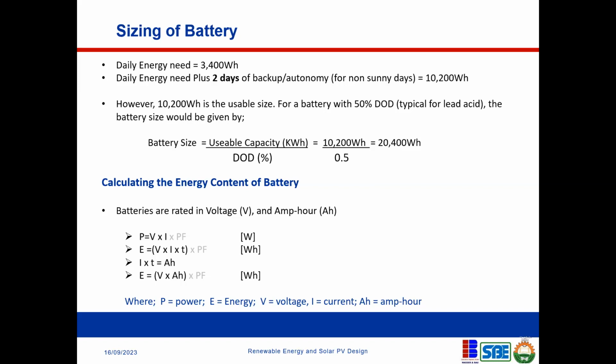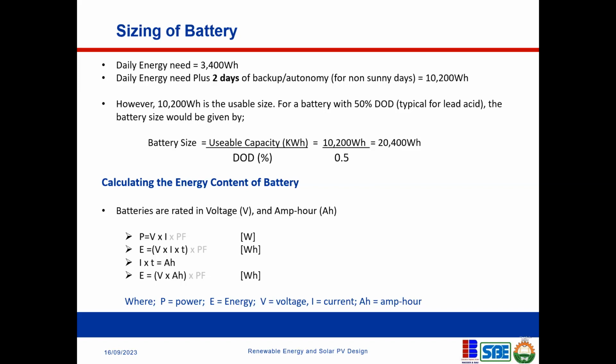For me, I would probably recommend 1 day of autonomy for such a client. But let's also bear in mind that even if it is raining, that does not mean that your solar panel is not charging the battery. As long as the sun is out, it is charging, only that the intensity of the sun is very low. So the rate at which it's going to charge that battery is going to be drastically reduced.